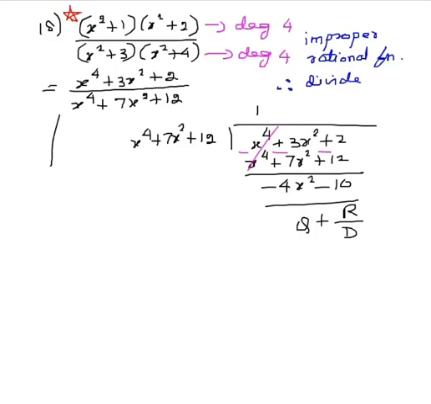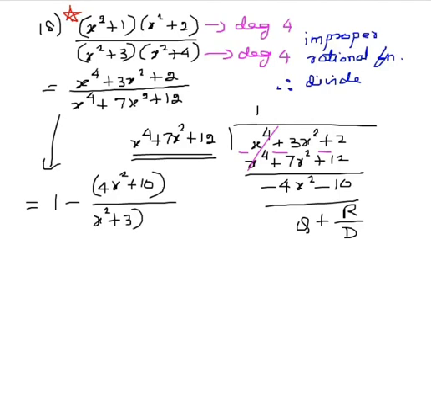Therefore, this expression is equal to quotient 1, remainder is, I can remove negative sign out, so 4x square plus 10 divided by the divisor. The divisor can be factorized as (x square plus 3) into (x square plus 4). That is the given denominator.